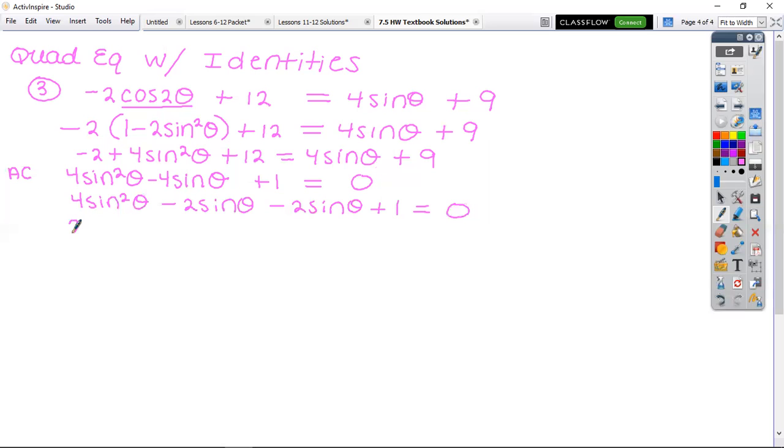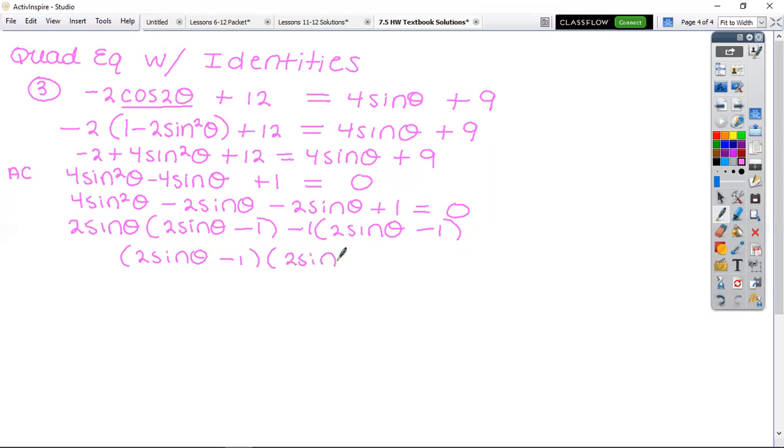GCF, a 2 sine theta, leaving me with 2 sine theta minus 1, and 2 sine theta minus 1. Remember, you gotta take something out, even if it's just that 1. Now I'm going to T-chart. I get 2 sine theta minus 1. Oh, and another identical copy of 2 sine theta minus 1.